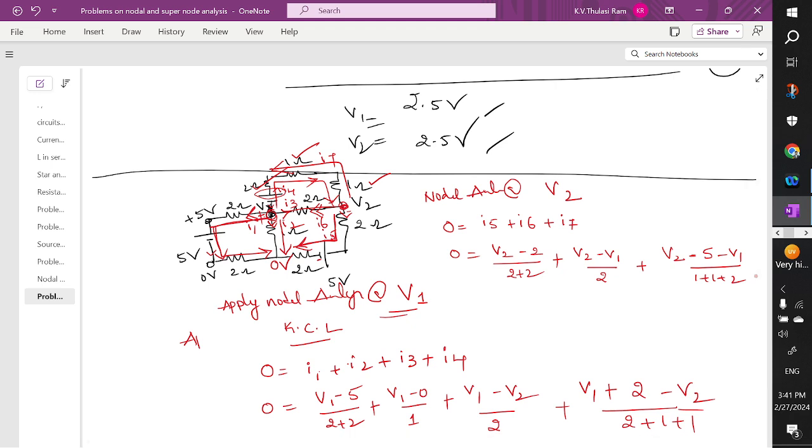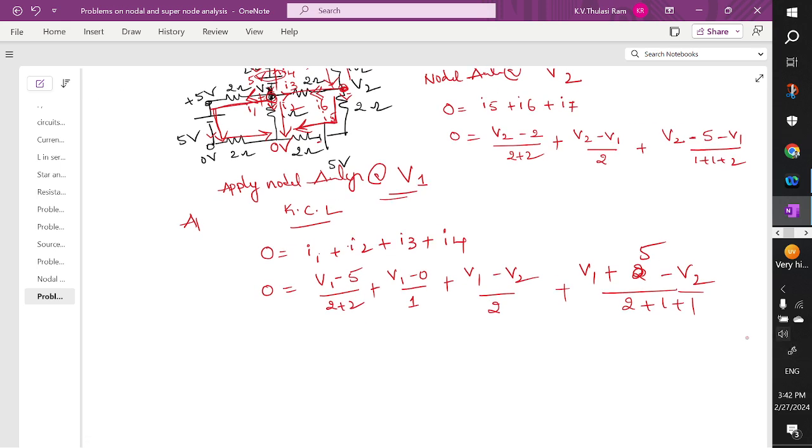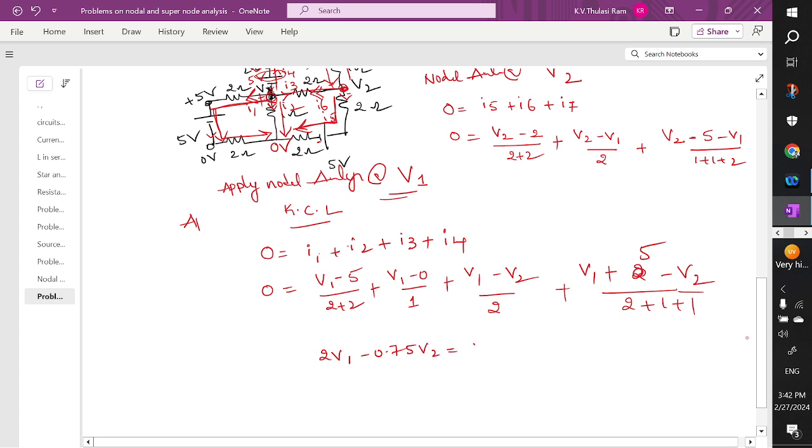The voltage at this point, the source is how much voltage? 5 volts. Here you are also going to get 5 volts. So when you solve these two equations using your calculator, from here you are going to get 2 V1 minus 0.75 V2 is equal to 0.